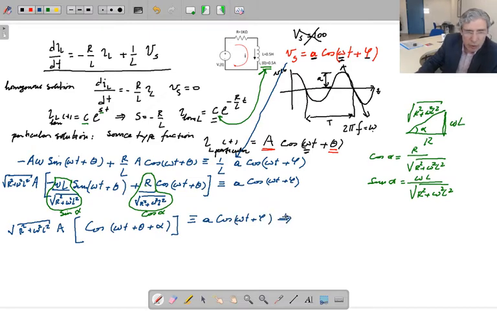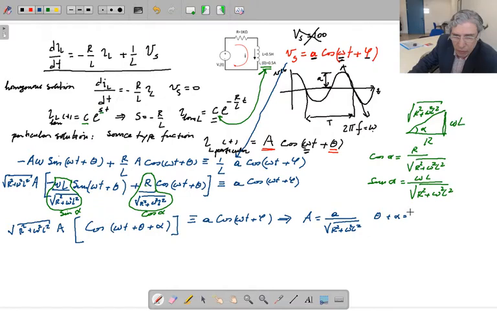From that, we can say that there are 2 cosine functions, left-hand side and right-hand side. The coefficient of this cosine should be the same as the coefficient of the right-hand side in order to have it identical. So it is going to be a. From that I can say that capital A is equal to small a over the square root of R squared plus omega squared L squared. And this angle here must be the same as this angle, so theta plus alpha is equal to phi.